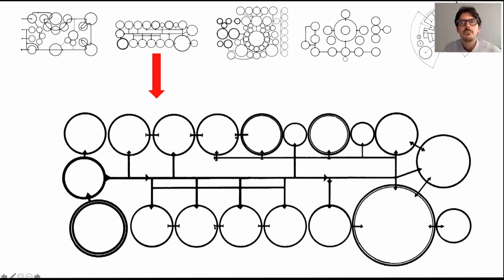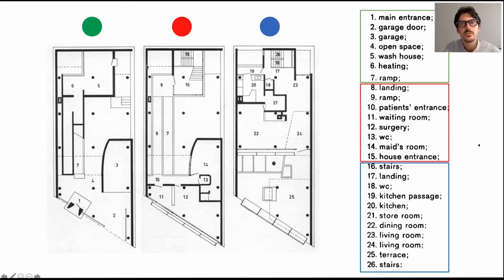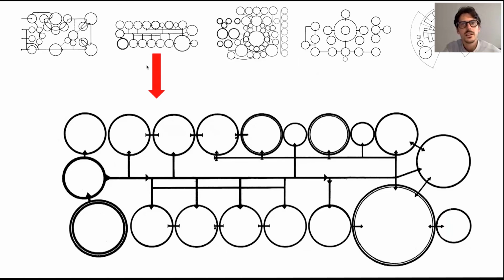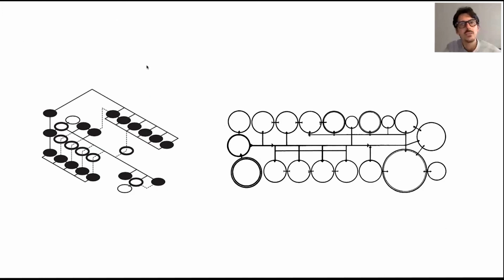And among these 5 possible diagrams, but you will see more of them in the folder, among these 5 that I took as examples, I eventually decided that this second one was perhaps the most suitable in order to represent the previous plan. So, why did I decide that this one was the right one?